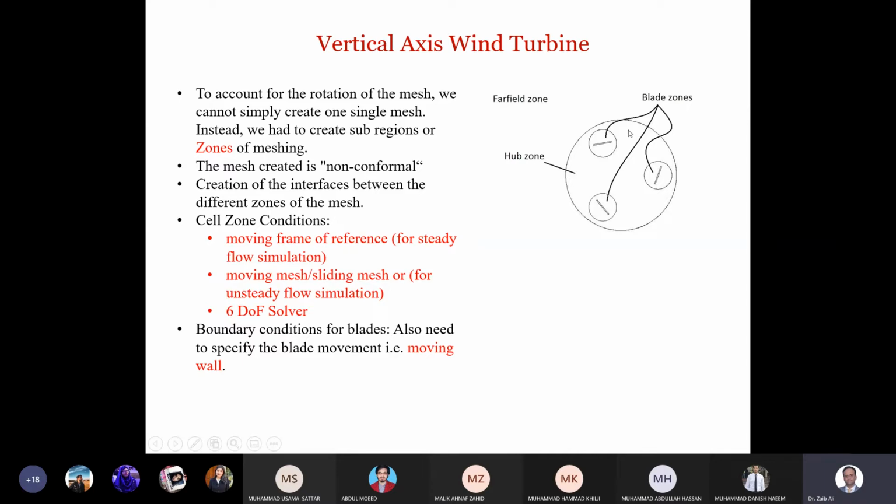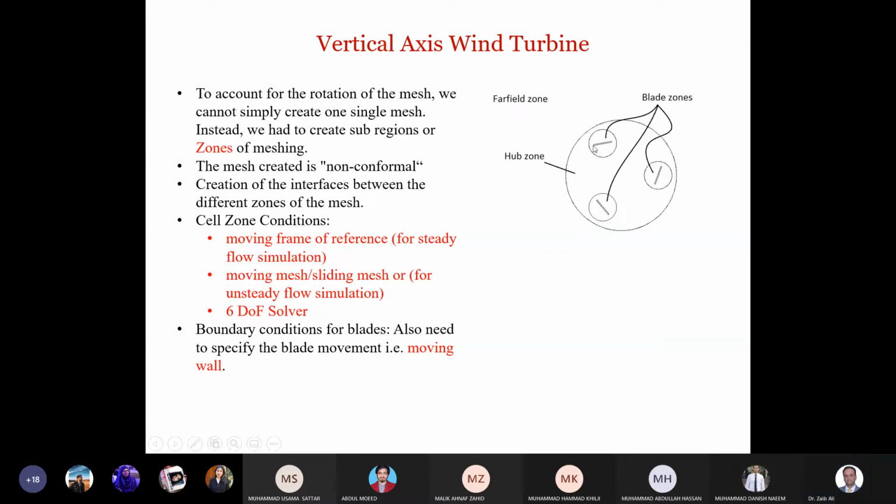So what that means is that you set the problem as a steady flow, although in reality it's an unsteady flow, because we have a rotation over here, and there will be vortices shed. In reality it's an unsteady problem. But to be more simplistic, you set it as a steady flow, and then you set this inner zone and these three zones around the blades as a moving frame of reference.